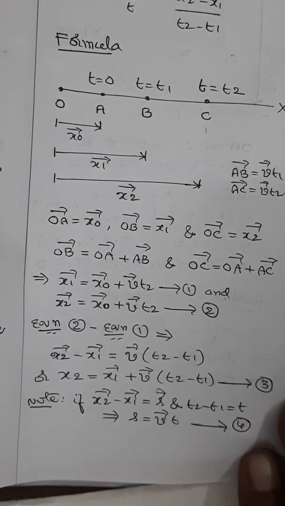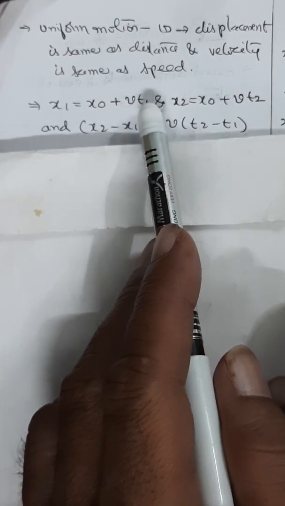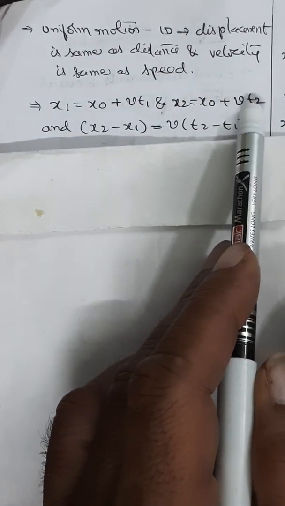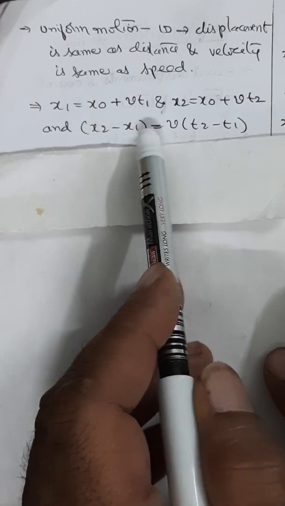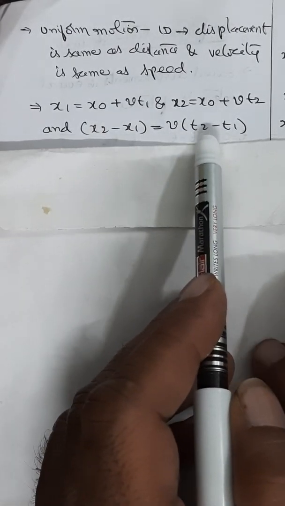So for a uniform motion in one dimension, displacement is equal to distance travelled and velocity is equal to speed. Therefore, the arrowheads we are representing over the displacement, that is s bar, and velocity vector v bar, may be dropped. Therefore, we can write x1 equal to x0 plus v t1 and x2 equal to x0 plus v t2, and therefore x2 minus x1 will be v into t2 minus t1. This is how it can be represented.